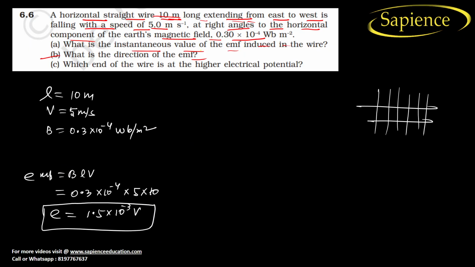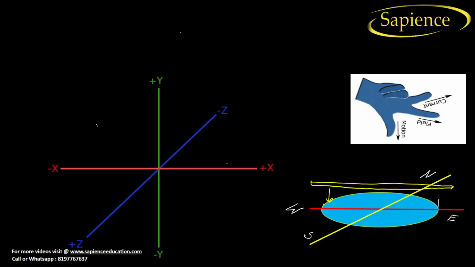A horizontal wire of 10 meter extending from east to west is falling with the speed of 5 meter per second at a right angle to the horizontal. So right angle to the horizontal means, let us suppose this is the right angle, so this is 90 degree, and this is the horizontal.